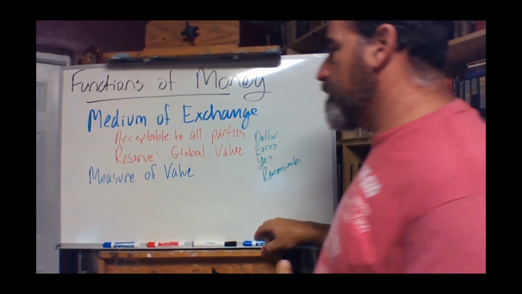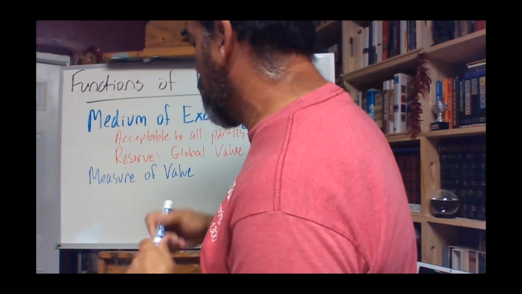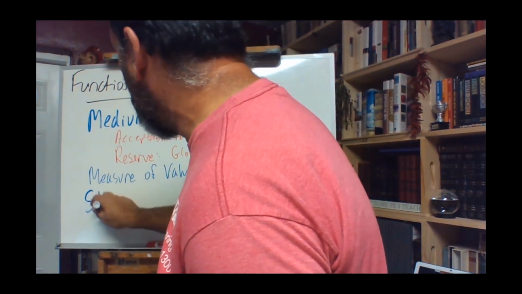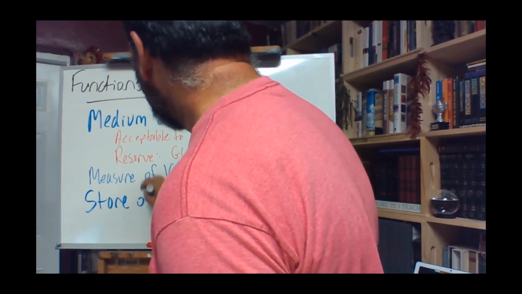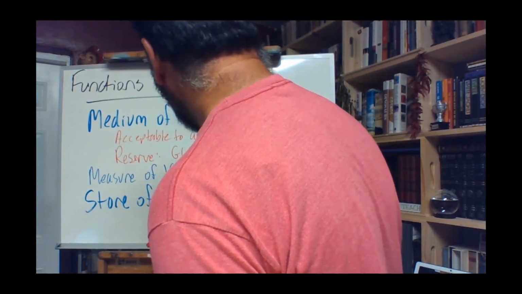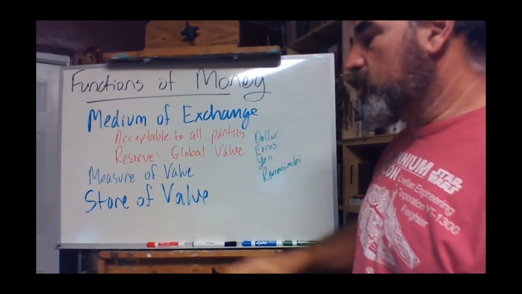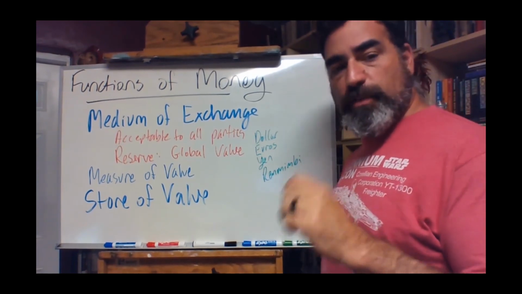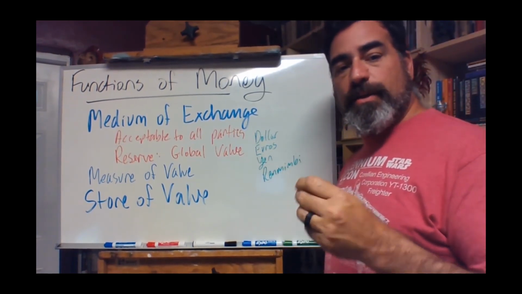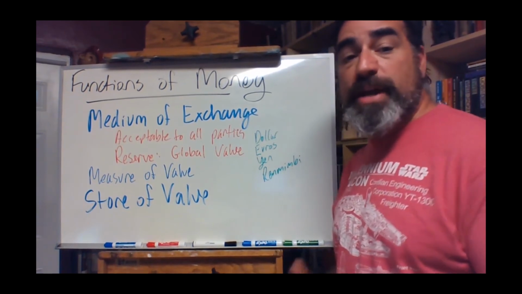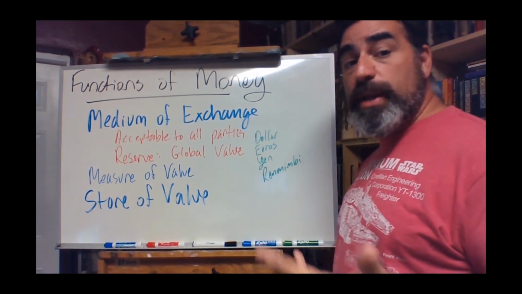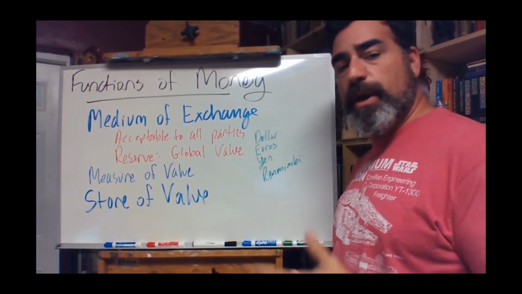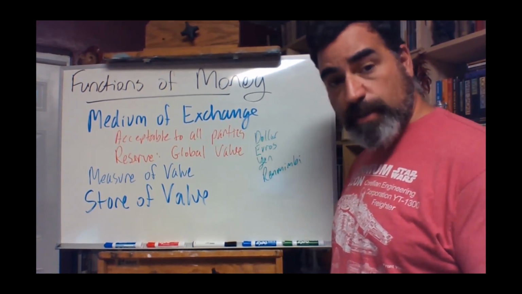Another thing is that money is a store of value. In other words, if you have $1, you can feel pretty safe that if you put that dollar under your mattress and find it 20 years from now, it's probably going to have some value. Maybe not as much value as it does today, but it'll have some value.